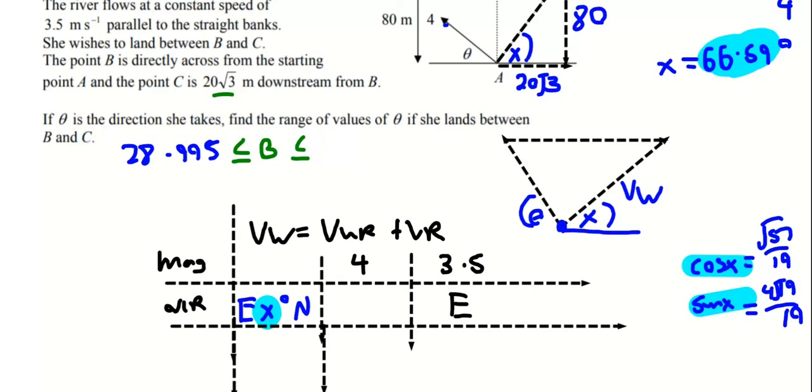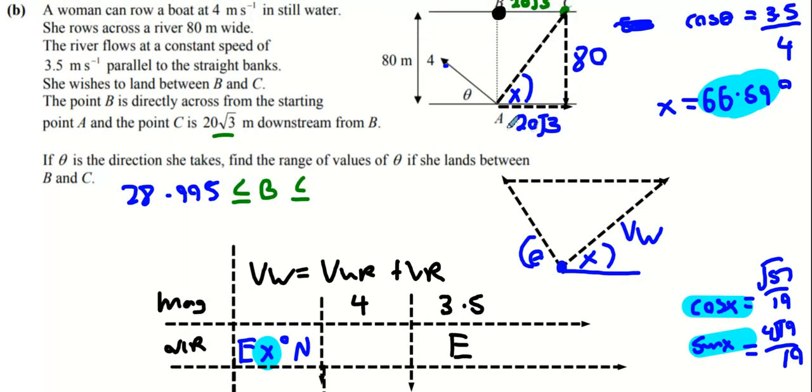Remember, if you aren't getting this, she starts at A and she ends up at C. The velocity of the river is this part here, which is your 3.5. No bother. And you have this to be 4. Remember, it's not a right angle triangle. It might look like a right angle triangle, but it's not.